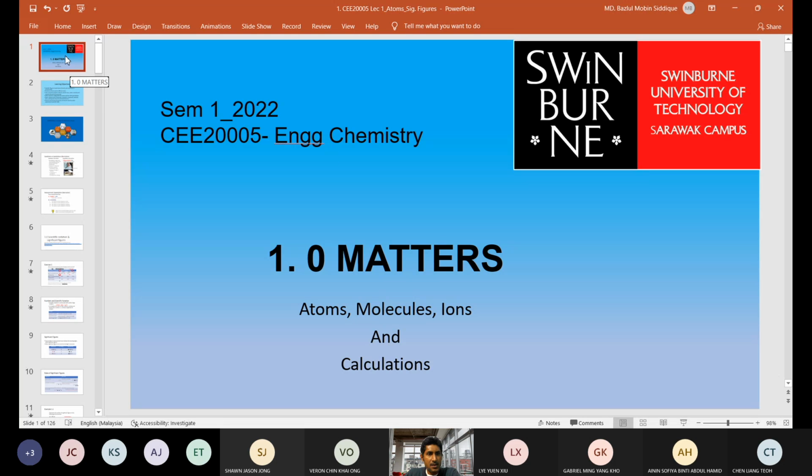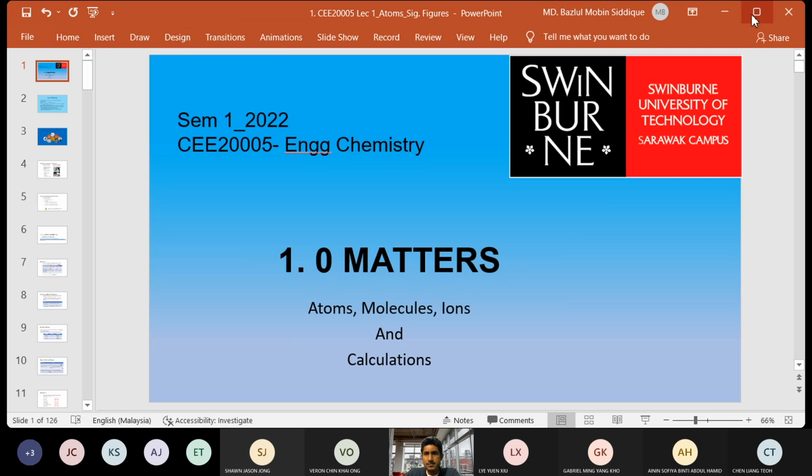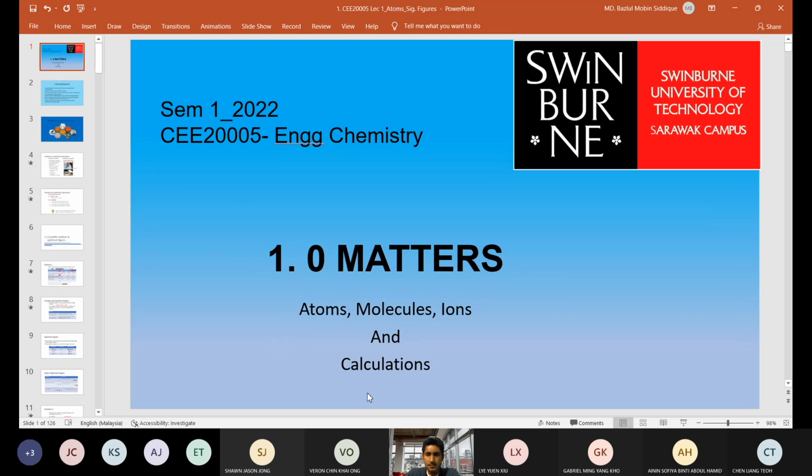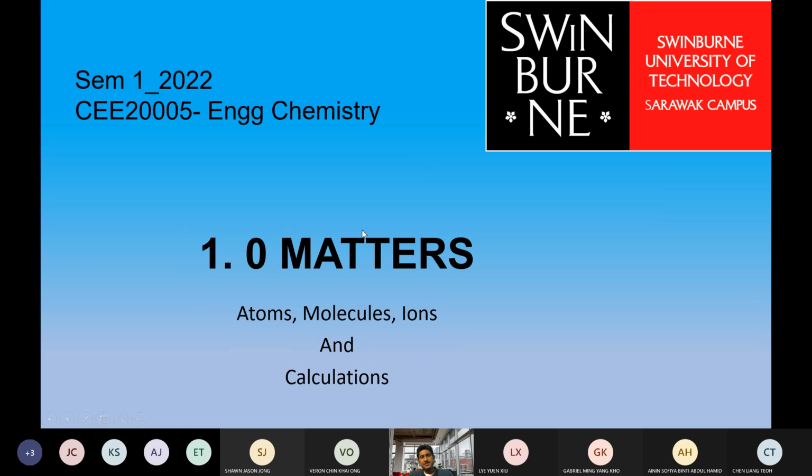Okay, so now, matters, atoms, molecules, and the calculation. Since the term is calculation, we have to know that everything is in numerical values.